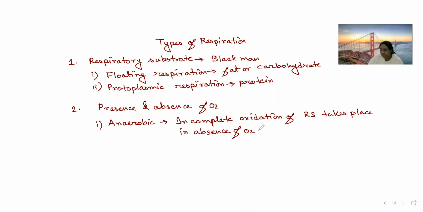Okay, understood? So if there is complete oxidation, the amount of energy released is 38 ATP. In anaerobic respiration, the ATP produced is definitely less than that.